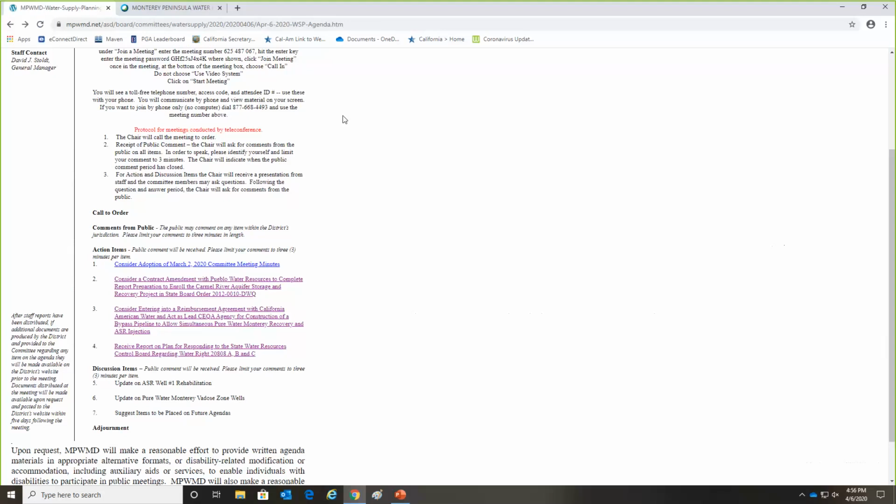We wanted to take advantage of that and move in to take apart ASR 1, rehabilitate it, and bring it back online so that it could be a source that could recover Pure Water Monterey and put it into the general Ginmore pipeline that could be moved to the transfer pipeline into the Forest Lake tanks.